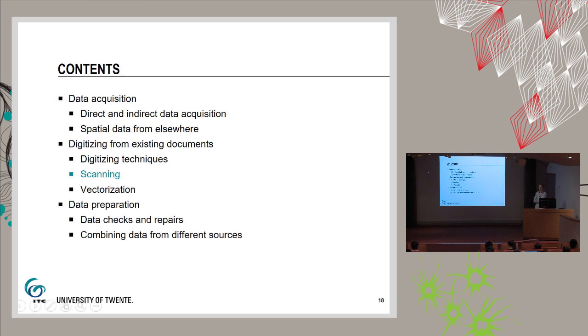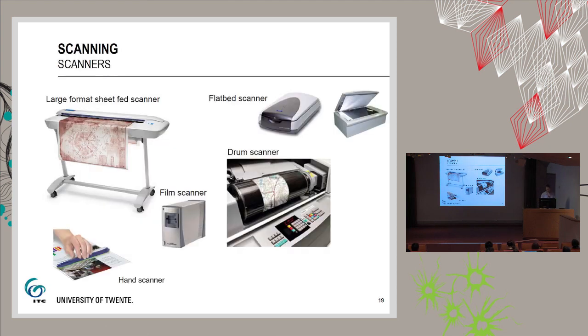Yeah. Sometimes, I told you, you digitize from the screen or you do it automatically, of course you have to scan your document first if your document is not digital yet. Yeah? So for that you need a scanner. And there are many different scanners on the market which you may use to scan documents.